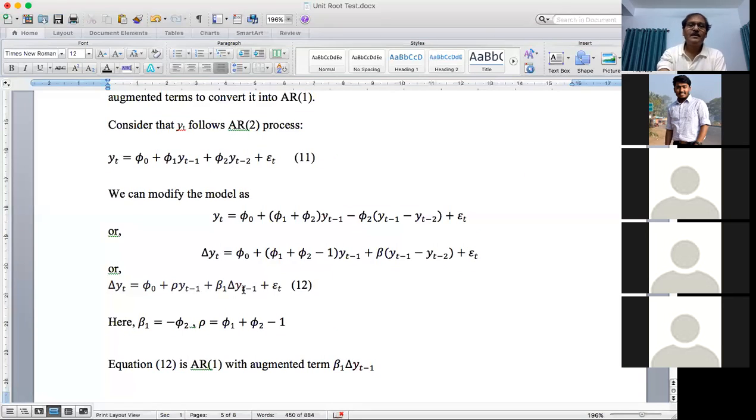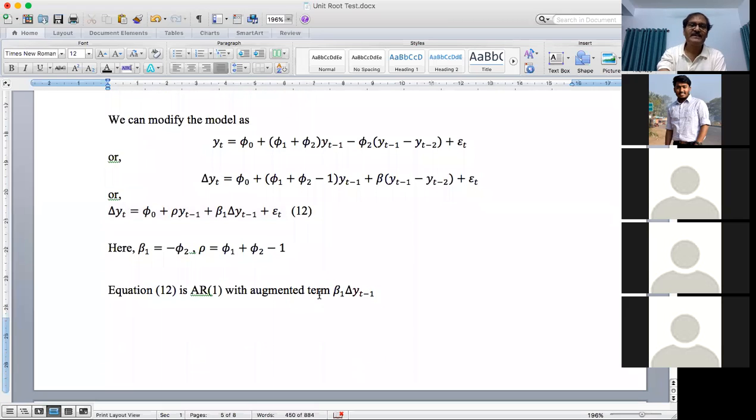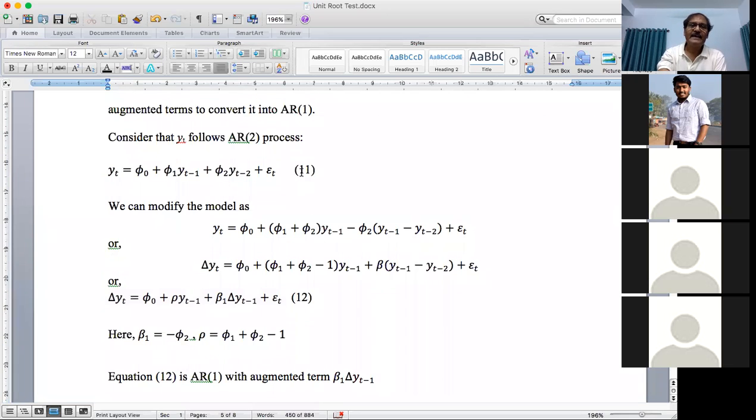So an AR2 model can be converted into AR1 by adding one augmented term. As we need one augmented term to convert AR2 into AR1, the AR2 model, which is in original form AR2, can be called ADF1, that is augmented Dickey-Fuller of order 1. This is because this AR2 model can be converted into AR1 just by adding one augmented term.